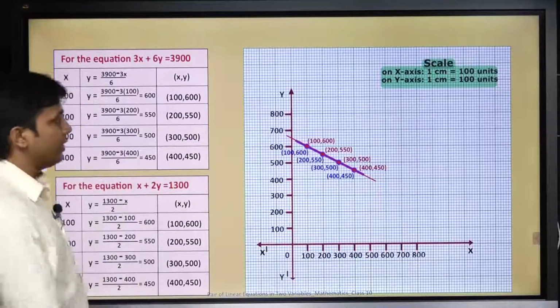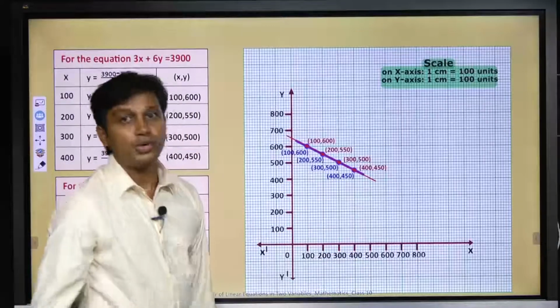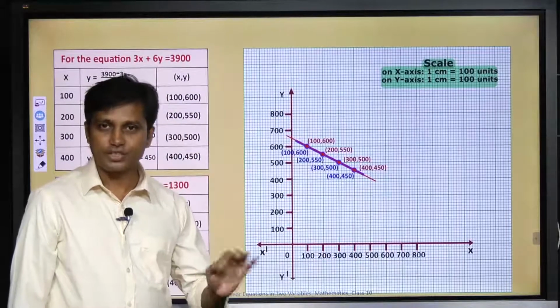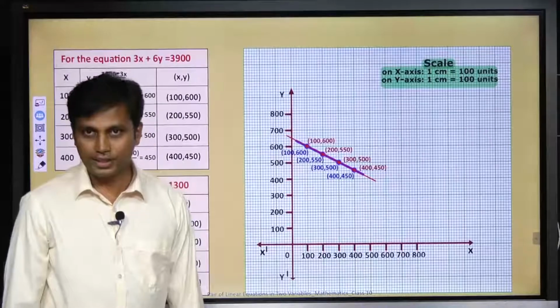Understood? So here, this type of equations are called what? Mutually dependent equations, or dependent equations also we can say. Understood?